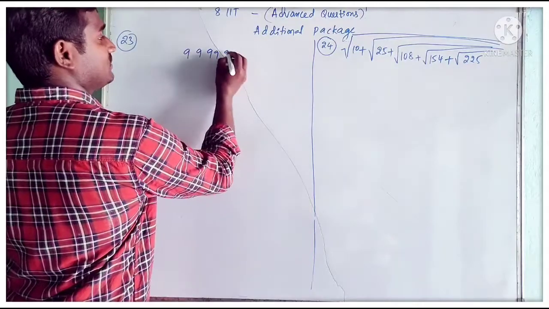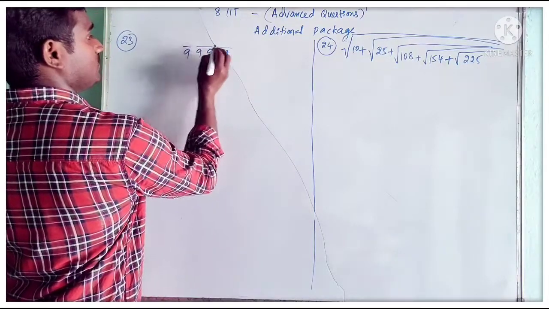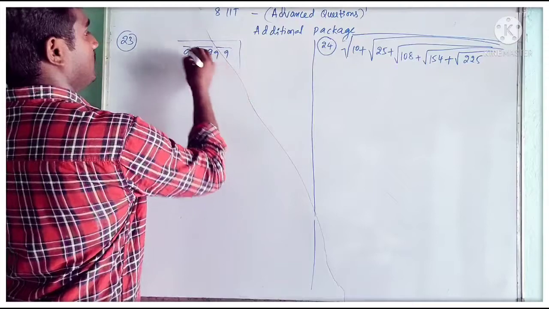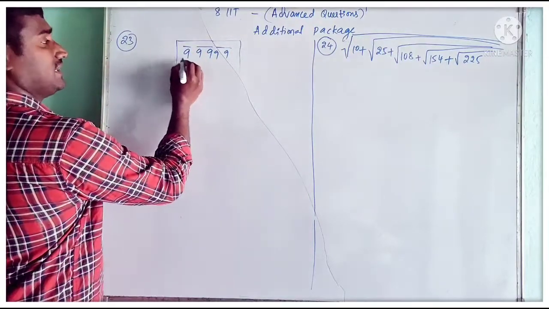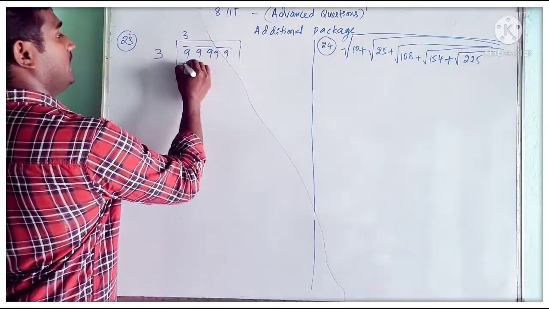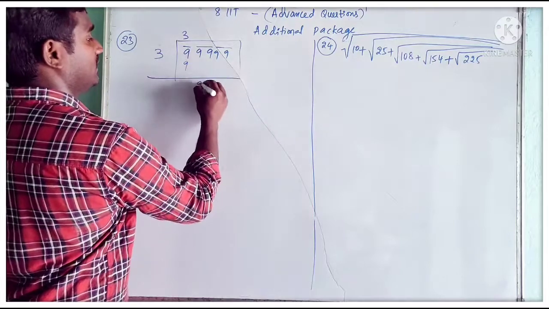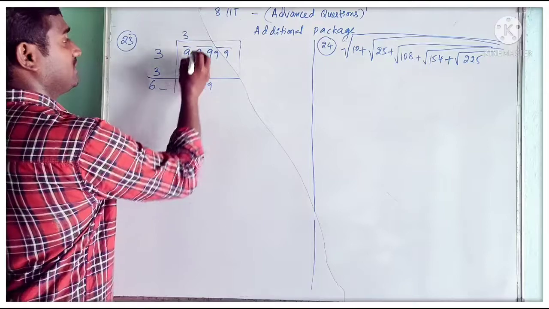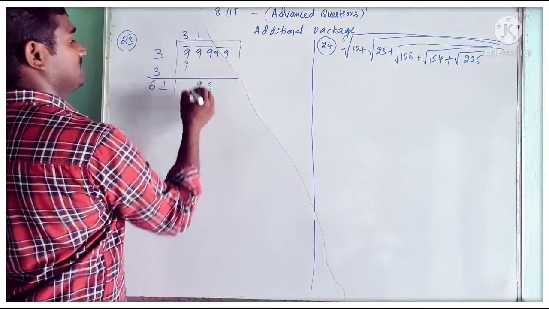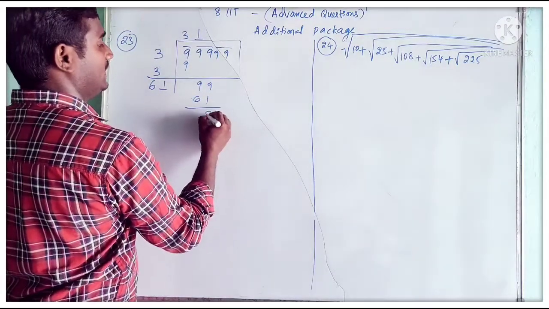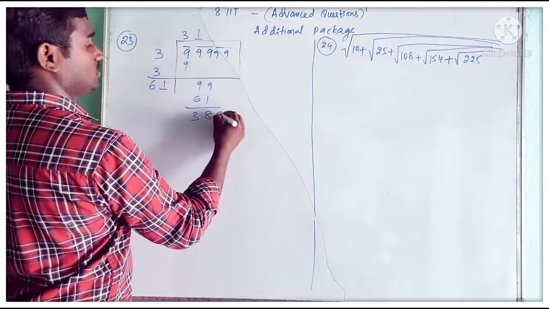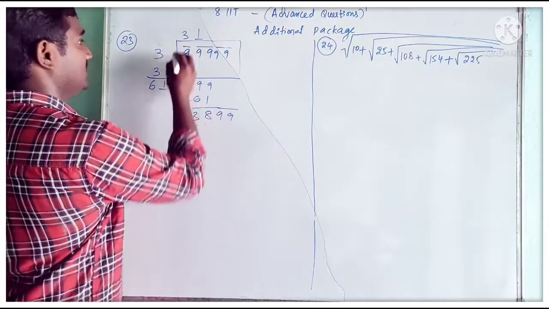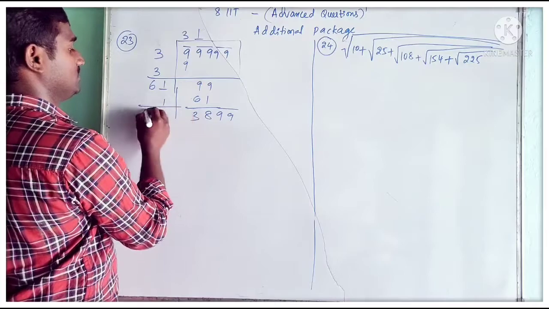Make bars for this number. 99: the nearest square is 9. 3 3s are 9, and draw down 99. This 3 you can add here, so it becomes 6. Here 1 digit, here 1 digit. 61 ones are 61, 62.